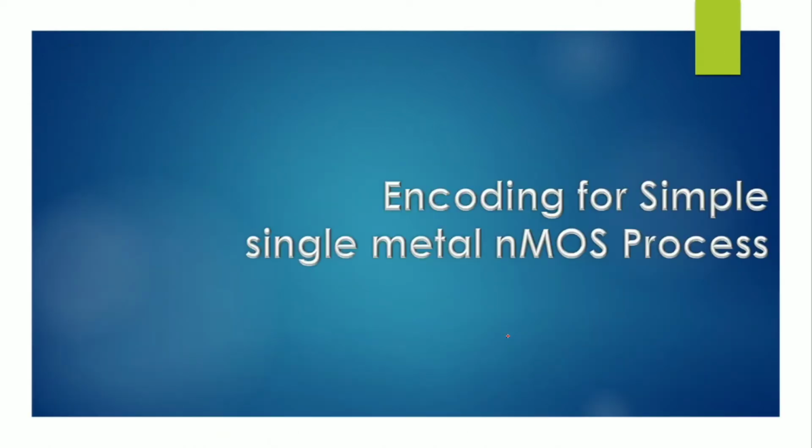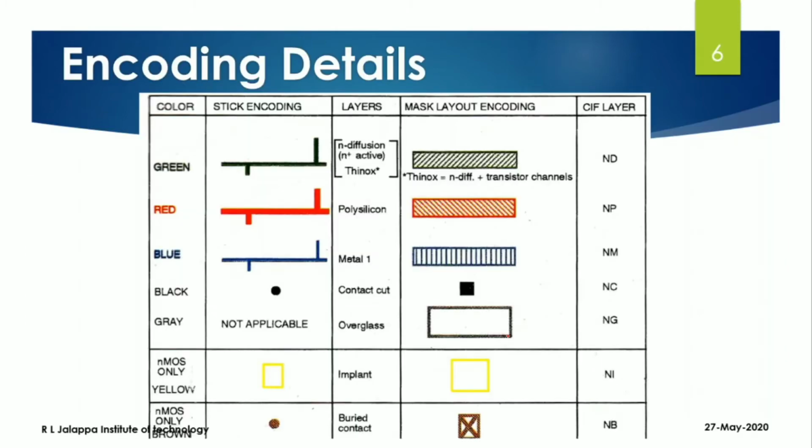First is encoding for the simple metal NMOS process. I told you in the previous section also, you will be having NMOS fabrication, CMOS fabrication and BiCMOS fabrication. Now we will study NMOS fabrication. Later we will go for CMOS and BiCMOS fabrication.